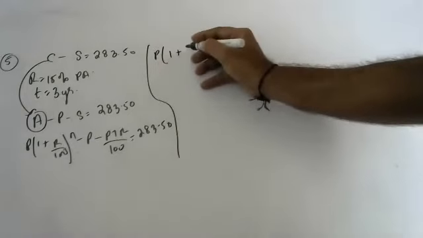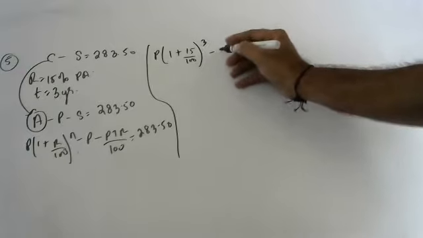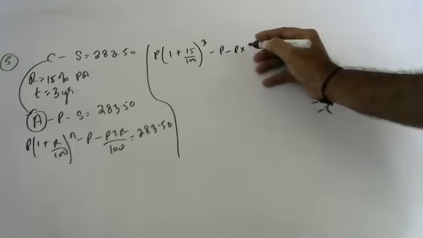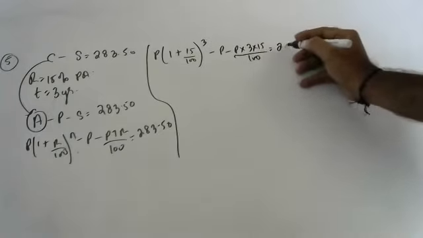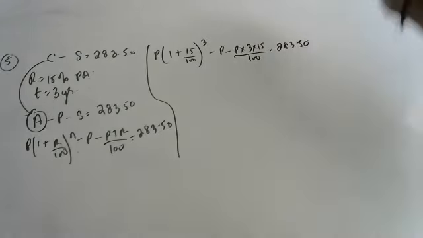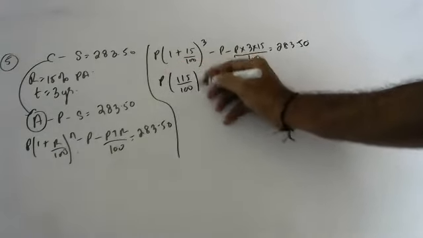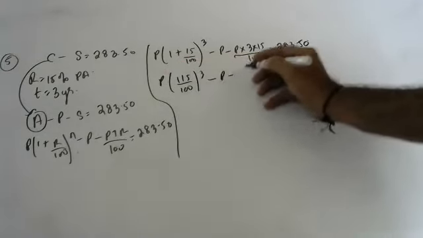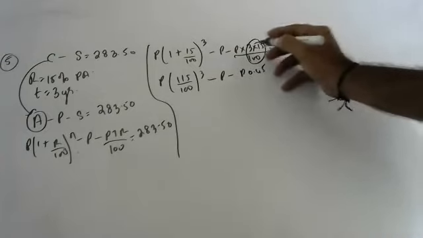So principal we should find out. So 1 plus R is how much? Tell, substitution. P of 115 by 100 whole to the power of 3 minus P into 45 by 100.